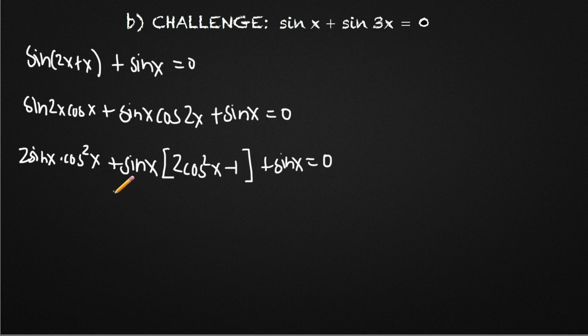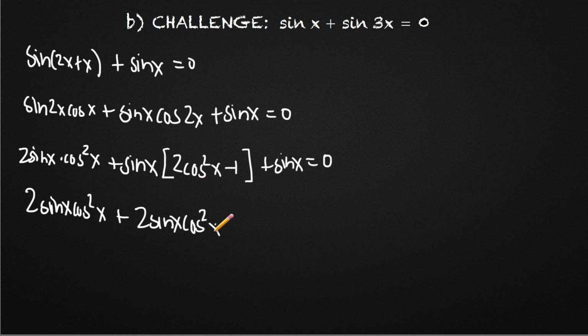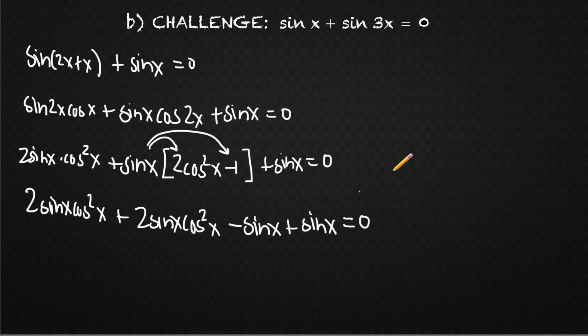All right, so now when I distribute, I'm going to get, well, let's just get this one here, 2 sine of x cosine squared x plus 2 sine x cosine squared x. That's from this part, and then I distribute it here. It's going to be minus sine of x plus sine of x equals 0.